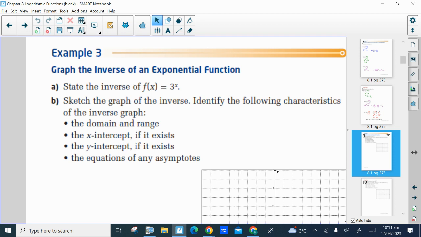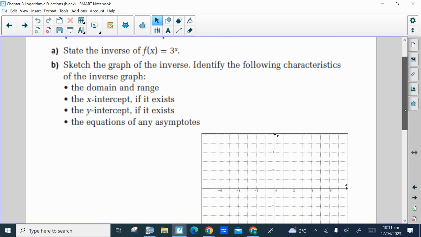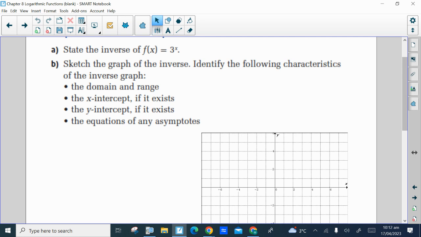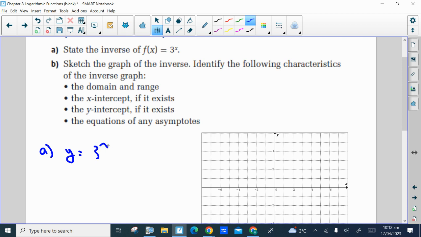So, question A says, state the inverse of f(x) = 3^x. So, remember that instead of f(x), we can write it as y = 3^x. And remember, to get the inverse, your first step is to interchange x and y. So x will equal 3 to the power y.